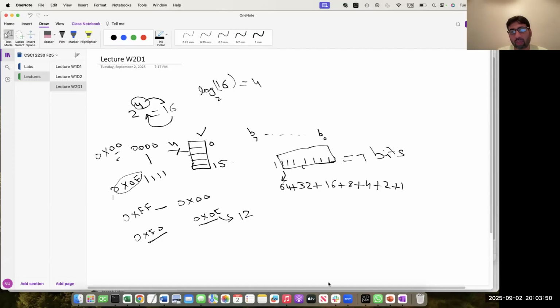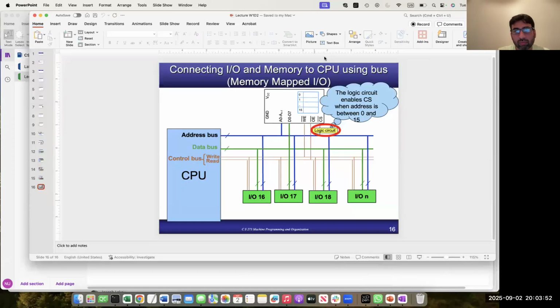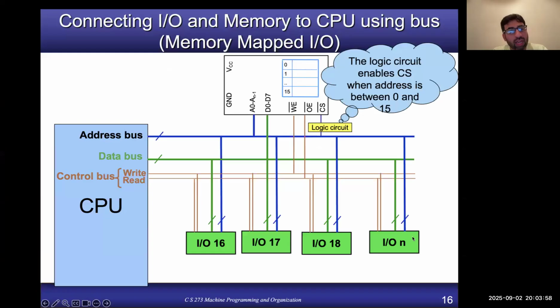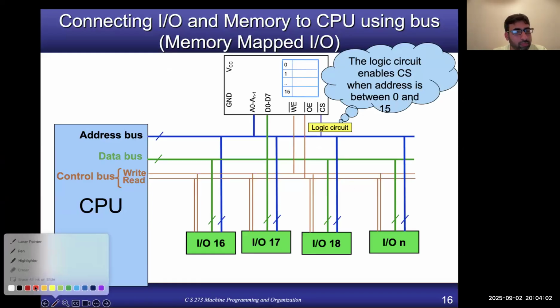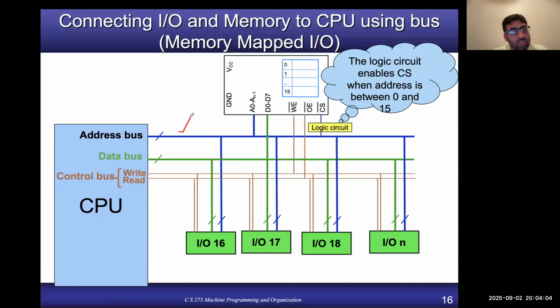So now let me go back to the slides. Now when I send an address on this bus, how will this memory chip know whether the address value is meant for this particular memory chip or not?